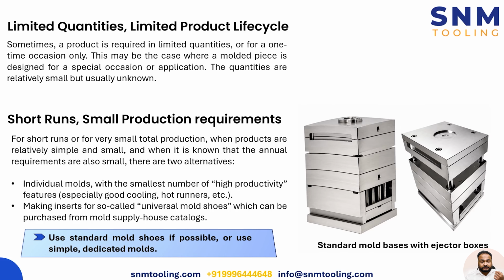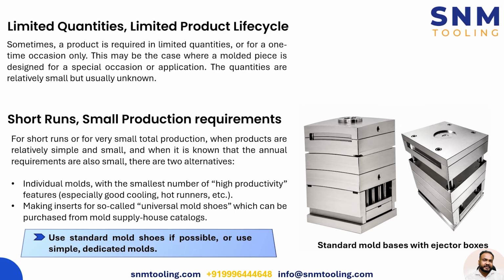And then again, there can be cases wherein there can be a special occasion, right? There can be special festivity occasions, right? So again, quantities can be known as well as unknown, right? But at the same time, the demand is something which does not stay throughout the year. So what kind of molds are recommended?